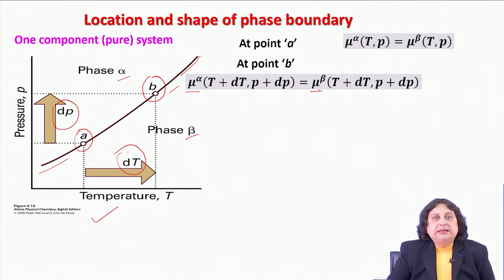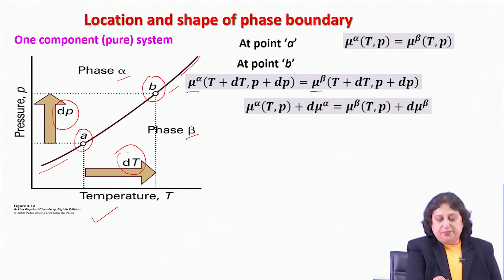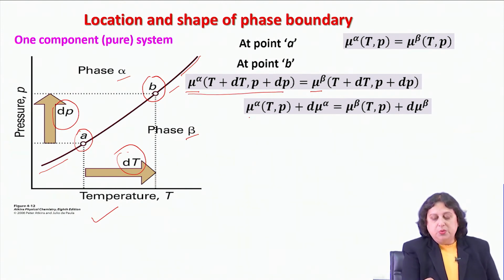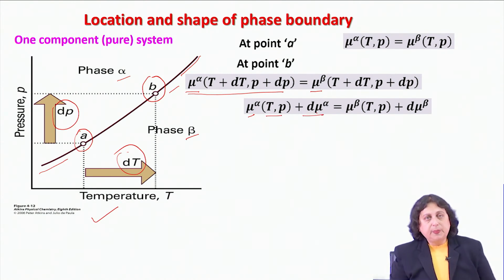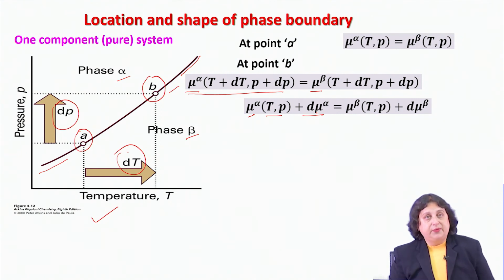Now I can write mu alpha at this point B as mu alpha at (T, P) plus d mu alpha. So what is d mu alpha? d mu alpha is the change in chemical potential of the component alpha as I changed the temperature of the system by an amount dT and the pressure by an amount dP.